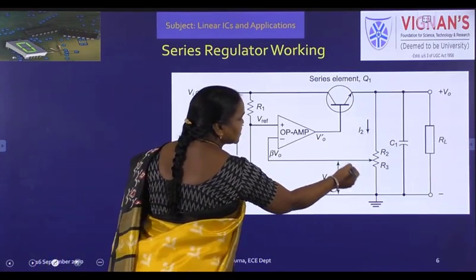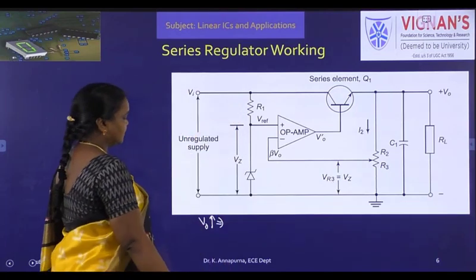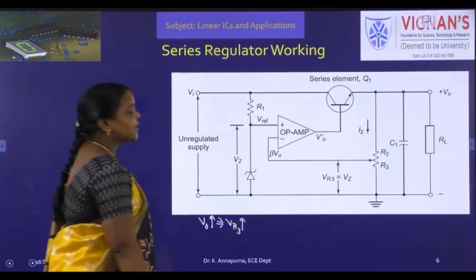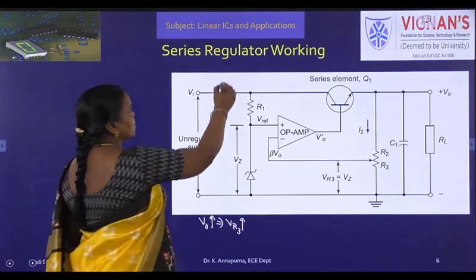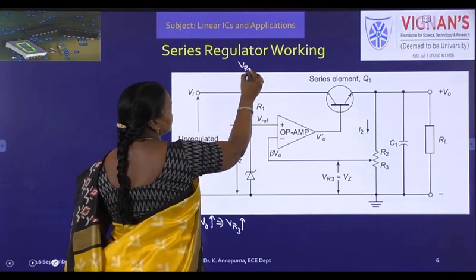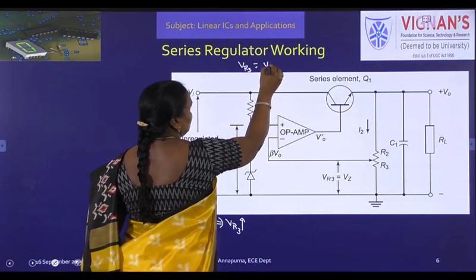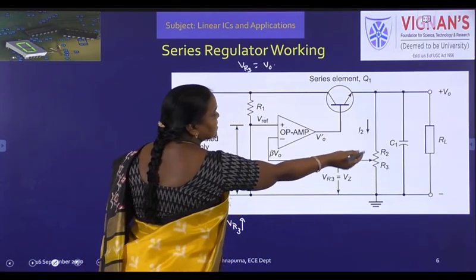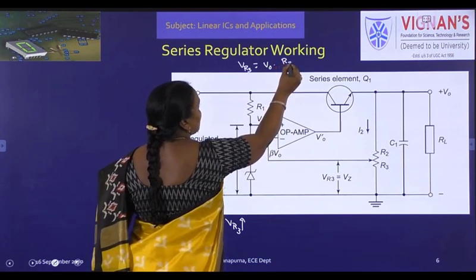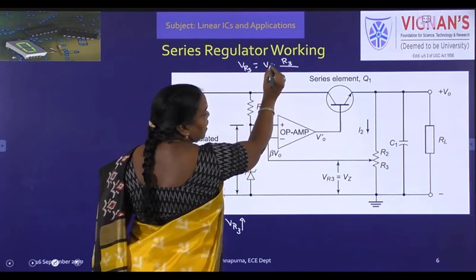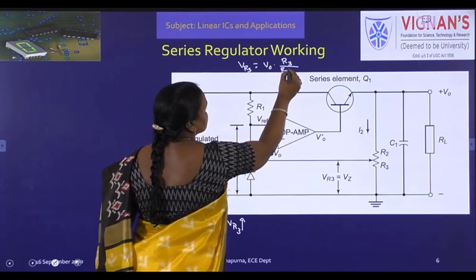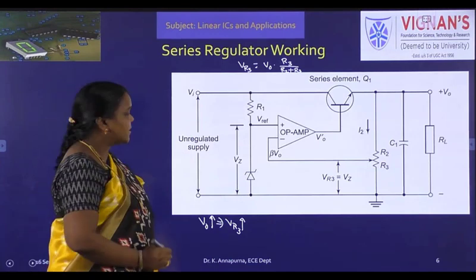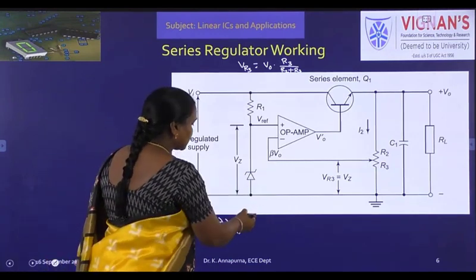Beta V0 is VR3. The relation between VR3 and V0: this is a potentiometer, the second part is R3 and the first part is R2, so VR3 equals V0 times R3 by (R2 plus R3). So VR3 also increases, and this VR3 is called beta V0.